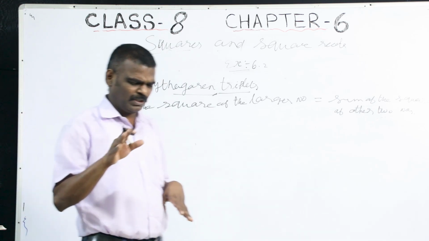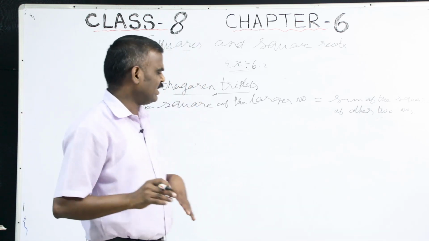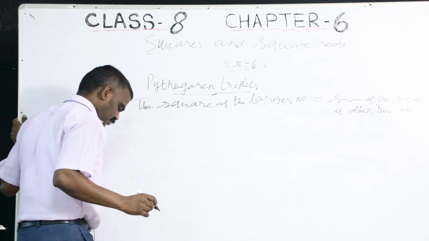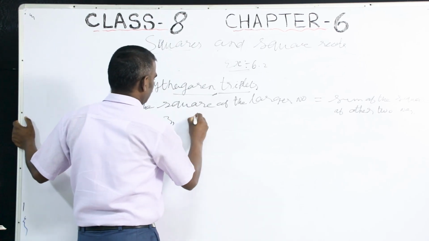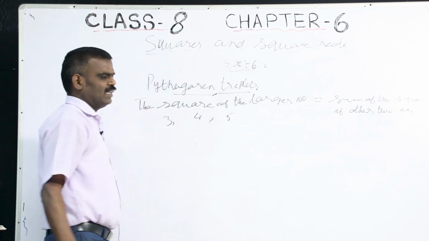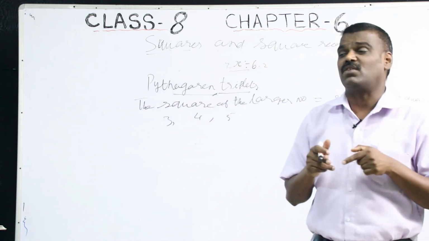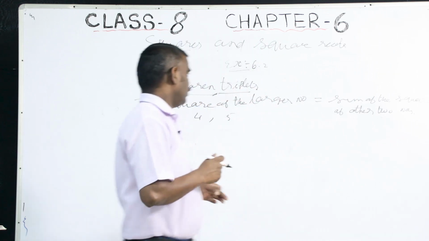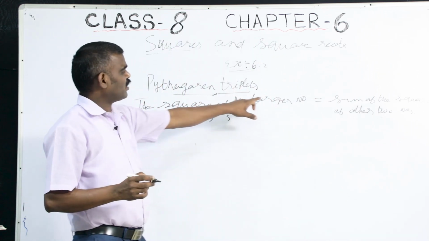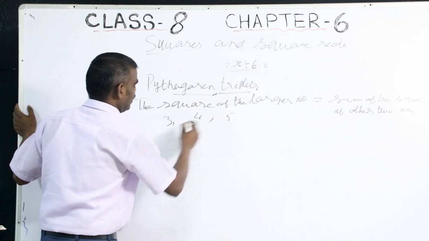I want to explain this particular point in detail. For example, 3, 4, 5. Whether 3, 4, 5 is a Pythagorean triplet or not, how will you know? What is the large number? 5.